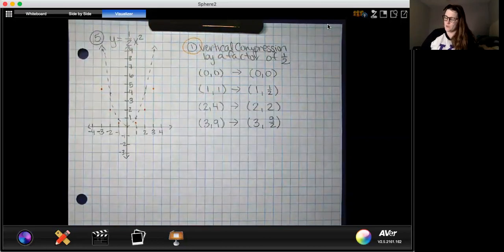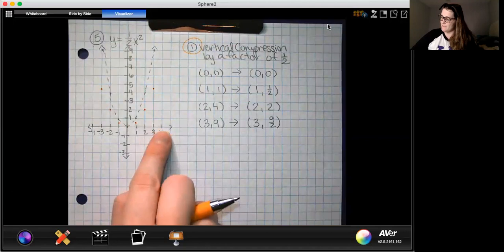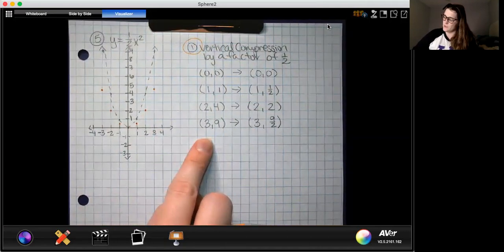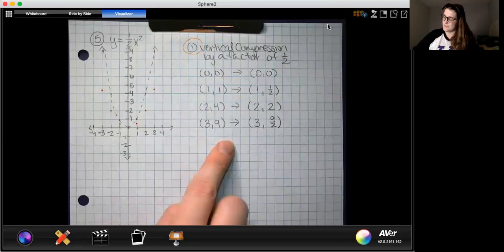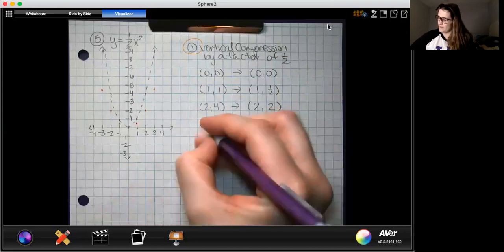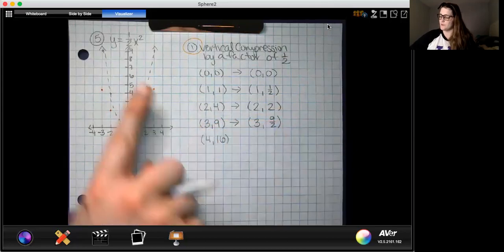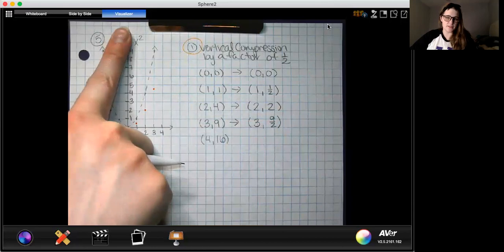Okay, and we're just going to do one more point. Let's see what happens at 4. Well, my normal point would be 4, 16, which I would know from just 4 squared is 16.